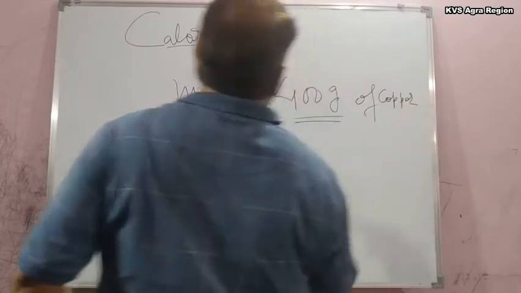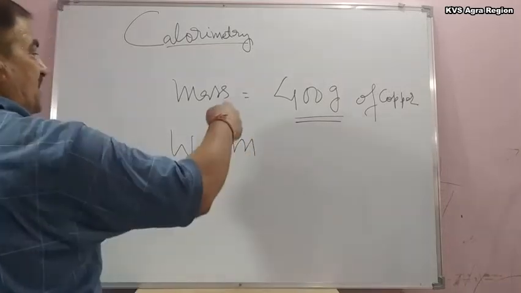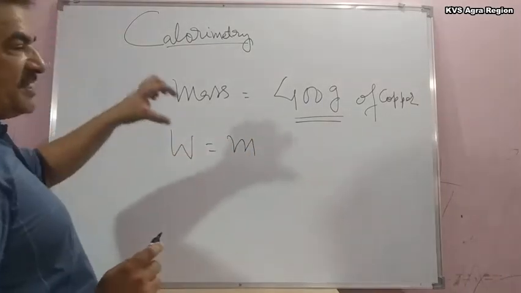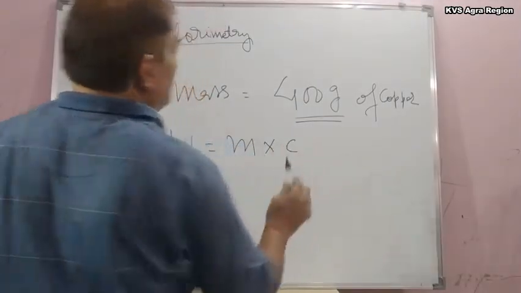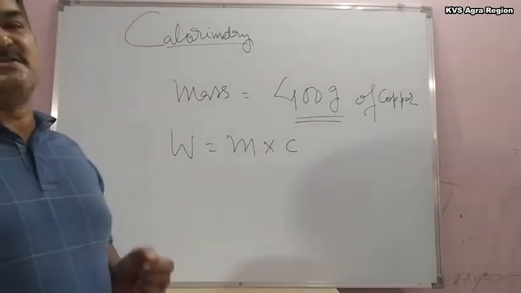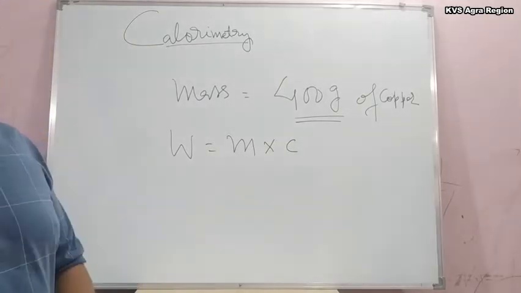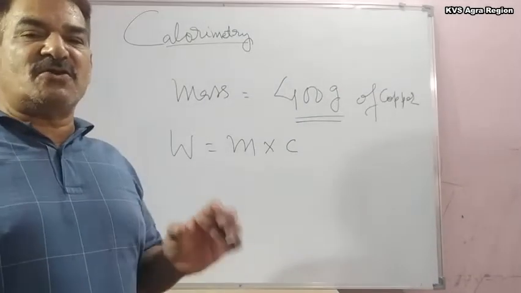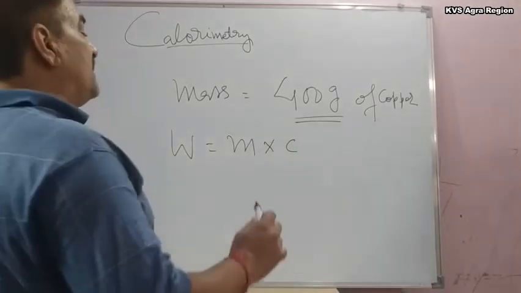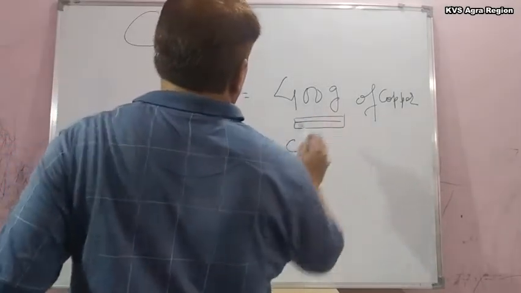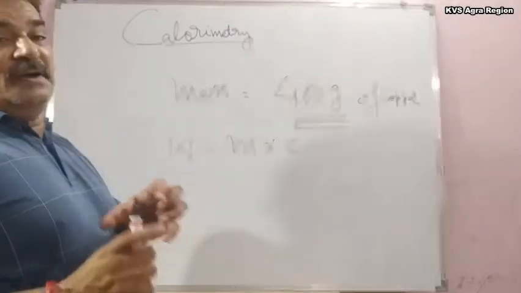Then the water equivalent of it will be equivalent to the mass of that copper calorimeter into the specific heat of the calorimeter in calories. Here the specific heat will be taken in CGS, meaning in calorie per gram degree Celsius. So if we have a copper container of mass 400 gram, how much will be its water equivalent?